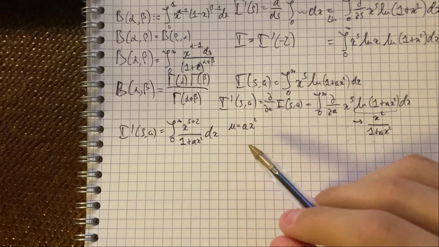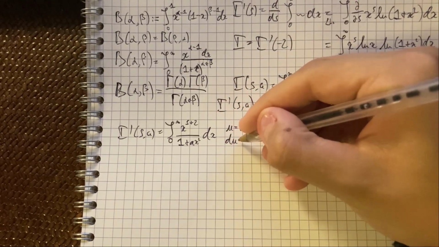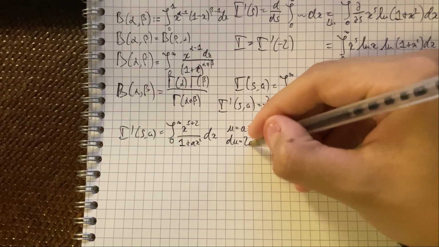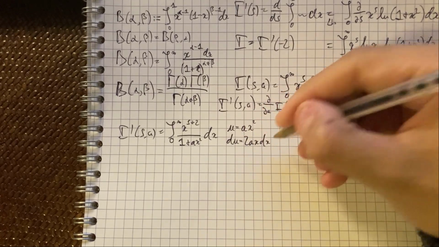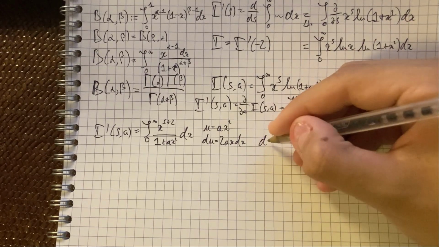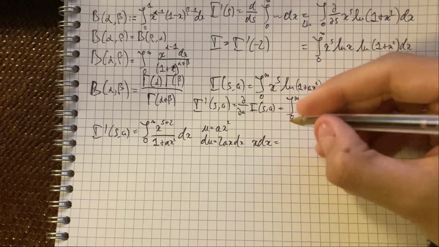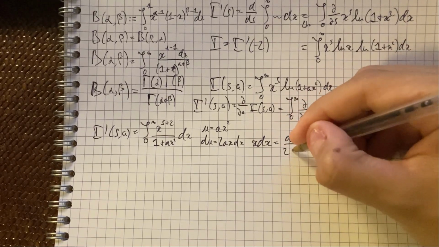So our substitution leads us to du equals 2a x dx, and well, x dx equals du over 2a.